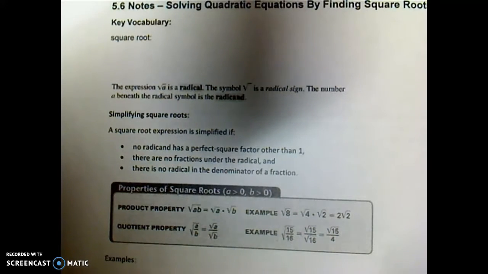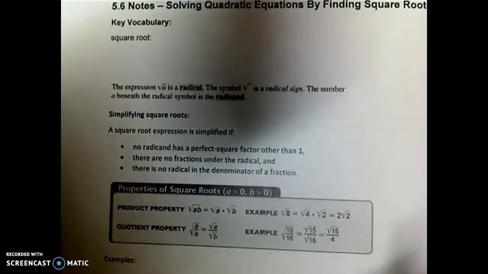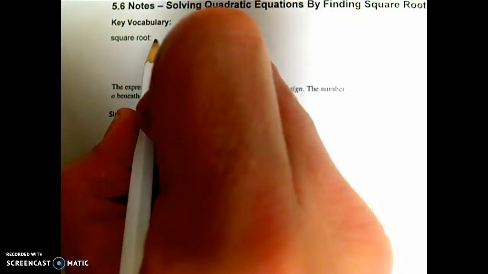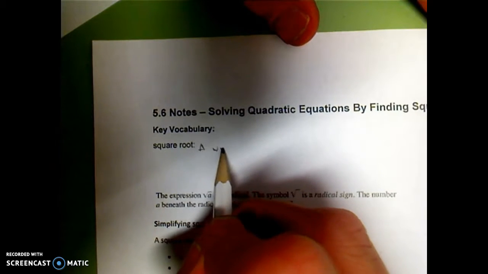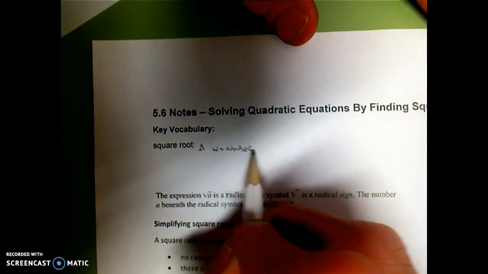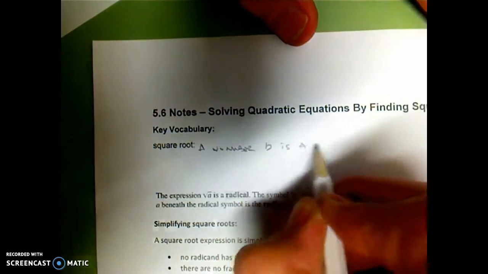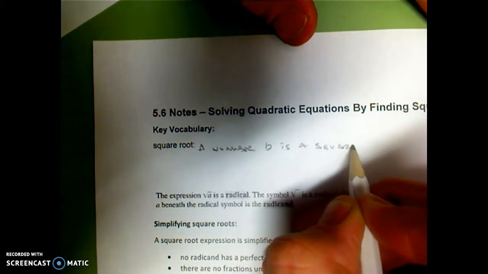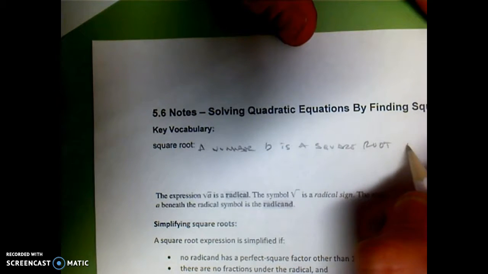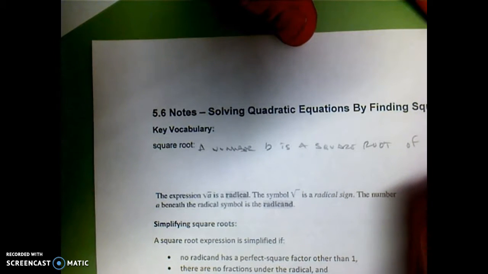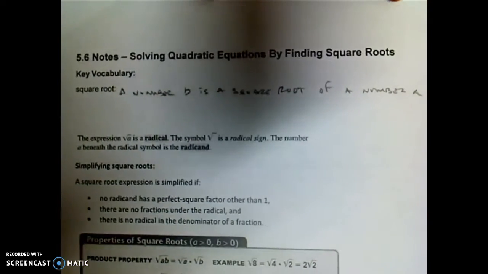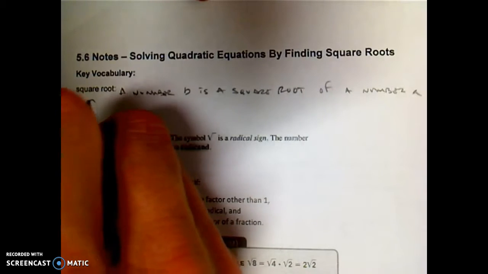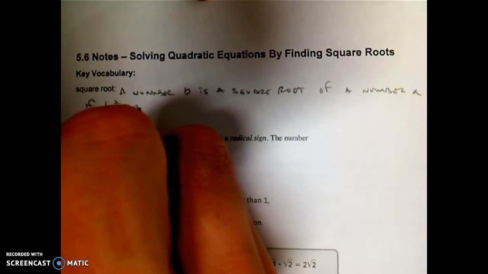Today we want to look at being able to solve quadratic equations by finding square roots. And it's an important thing to remind ourselves what it means to be a square root. And we say that a number b is a square root of another number a if b squared equals a.